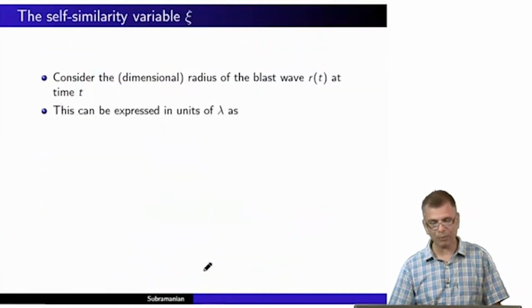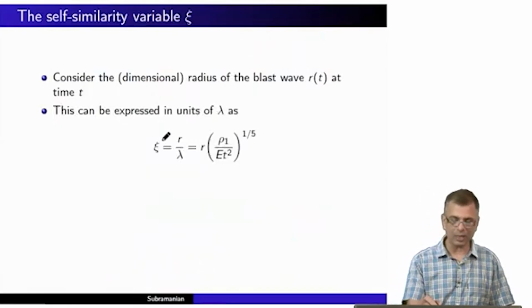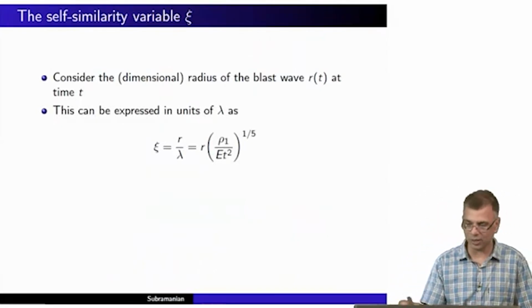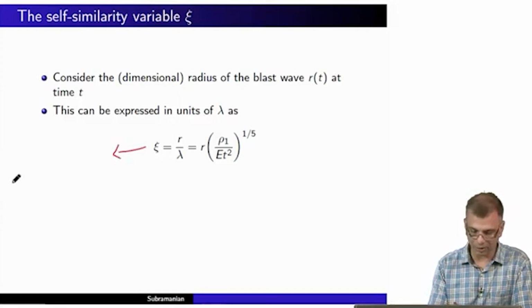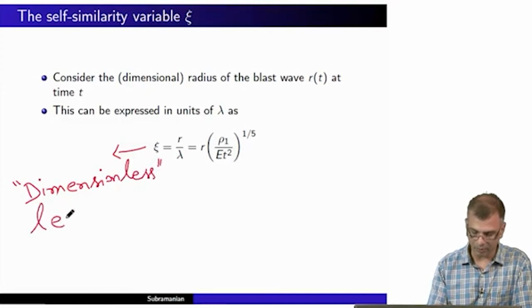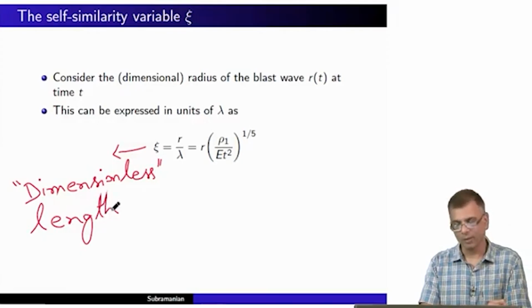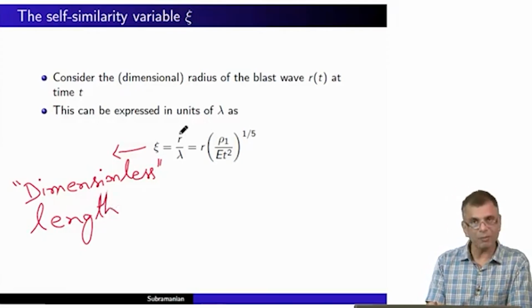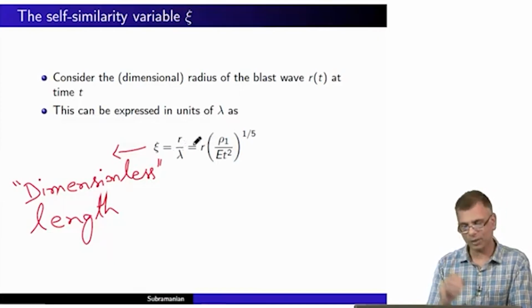So I simply construct a new dimensionless variable. This is essentially a dimensionless length. This is psi. Clearly, r has dimensions of length and lambda by definition has dimensions of length.